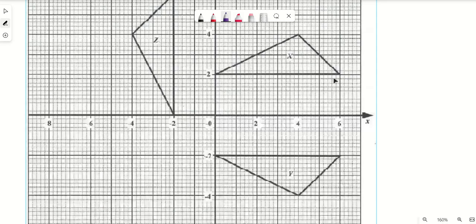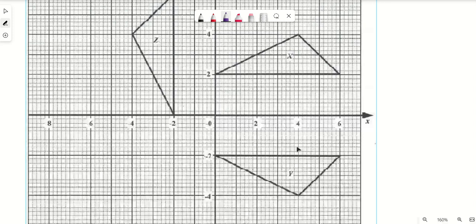So what you're going to do is count the distance between your two shapes, your object and your image. So I'm going to take a coordinate. You're going to count. It's 1, 2, 3, 4. So I know that my distance from my object, which is X, to my image, which is Y, is 4 units.